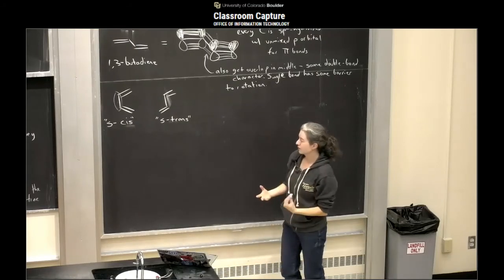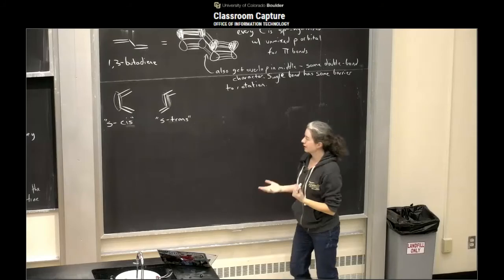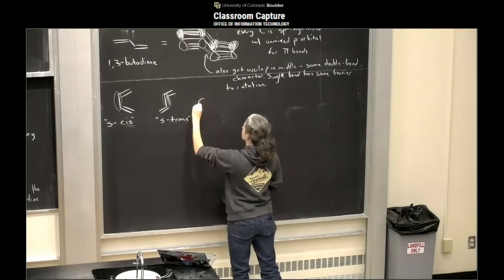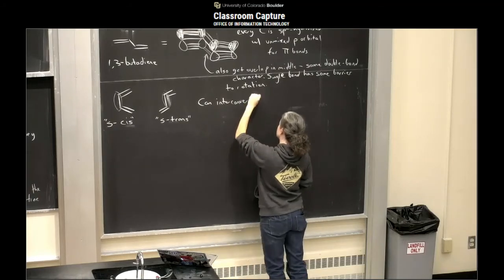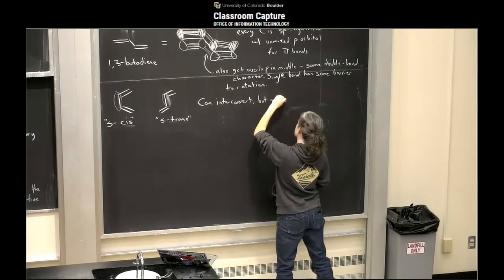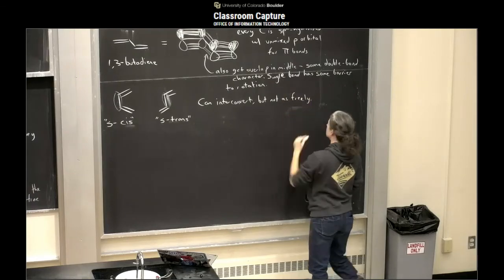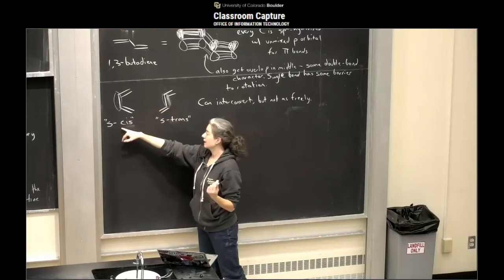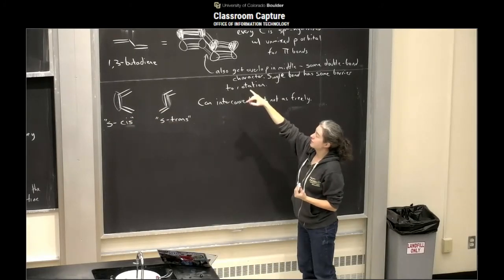So it can still interconvert freely between these, but it's going to strongly prefer sitting in one shape or the other the majority of the time. And that's because as long as it's in either the S-cis or the S-trans, then everything is coplanar, and it can take advantage of this overlap across the middle of the molecule.